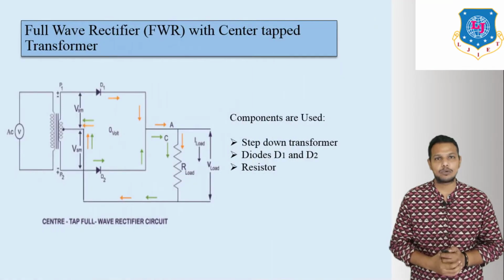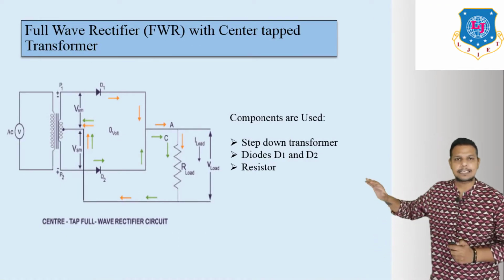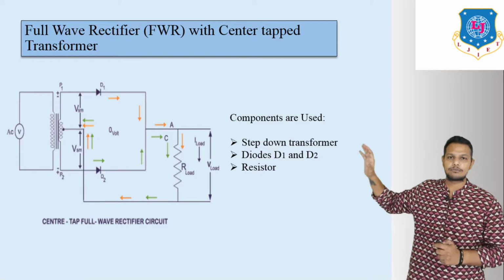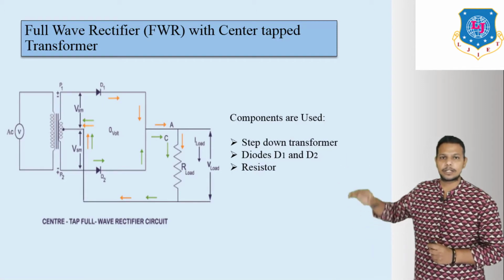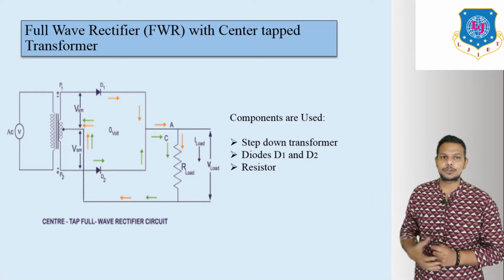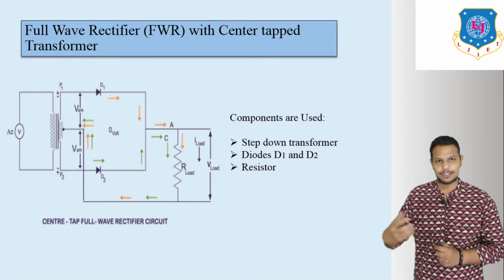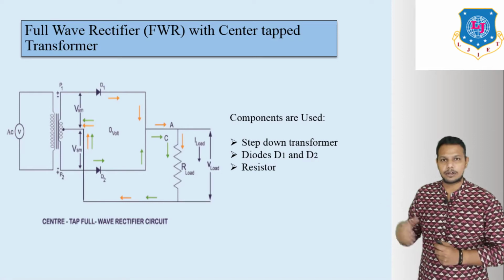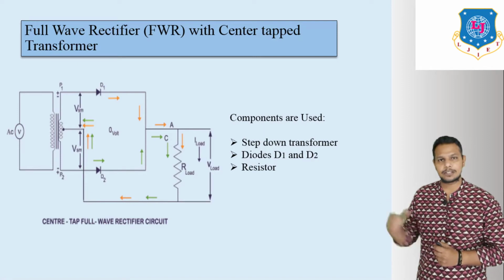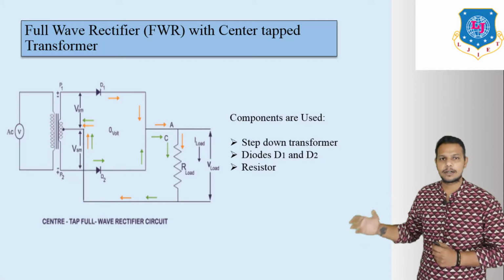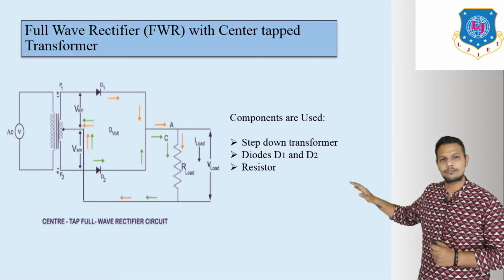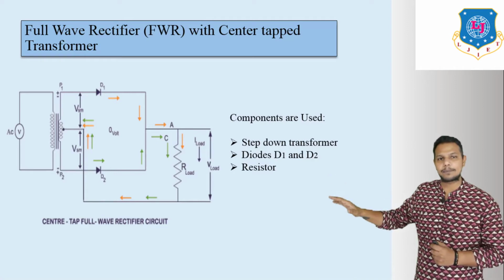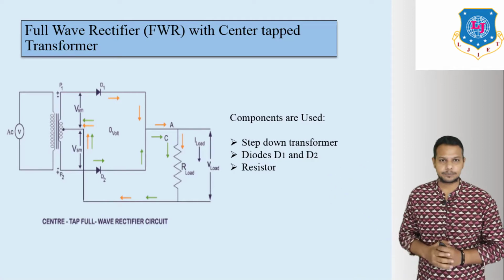So let us discuss the full wave rectifier with a center tapped transformer. Here we can see the circuit diagram. In this circuit, we use a step down center tapped transformer along with two diodes, D1 and D2, and a resistor at the output terminal. Here RL is the load resistor.